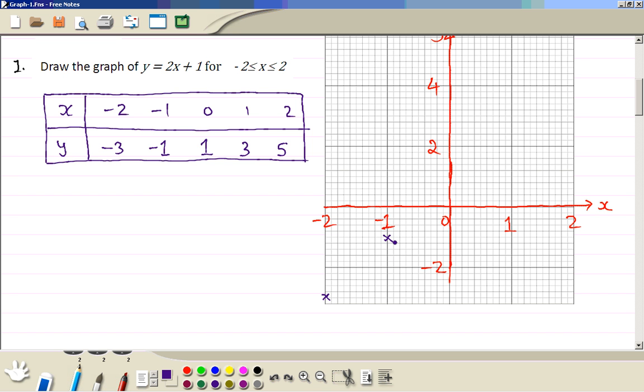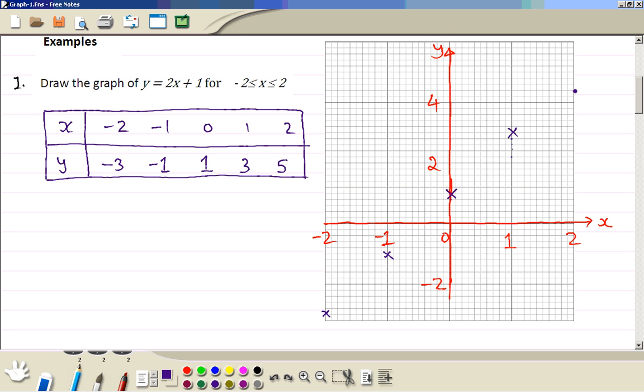This point is here. When x is 0, y is 1. This point is here. When x is 1, y is 3. When x is 2, y is going to be 5. So this is the point there.